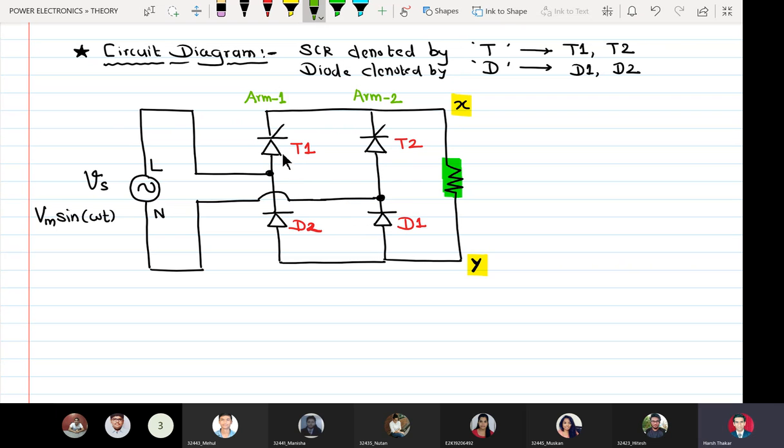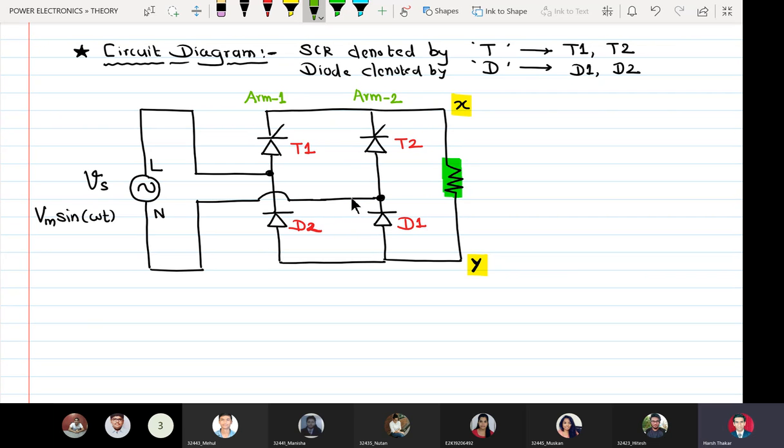So as per our understanding of the operation of a bridge rectifier, T1 comma D1 will conduct in PHC, that is positive half cycle, and T2 comma D2 will conduct in negative half cycle. There is no need to explain to a third year student why. Whether it is a SCR or a diode, these are unidirectional devices and they can conduct only when they are forward biased.